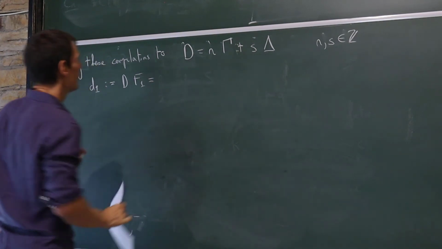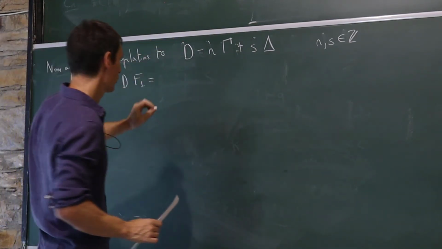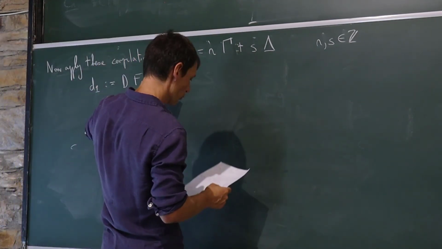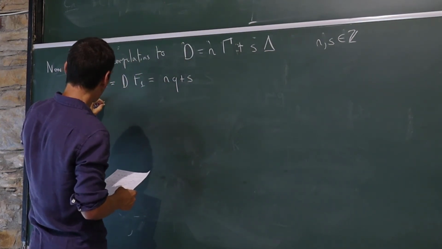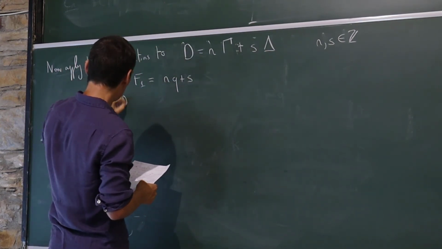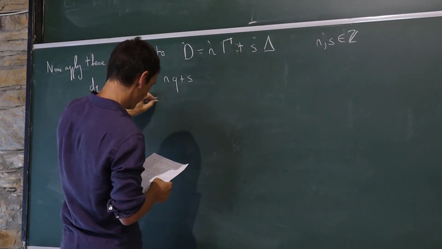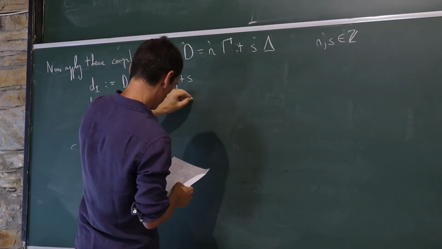With the computations we have done, it's going to be RQ plus S, and D2 is going to be D times F2 by definition, and this is going to be R plus S.